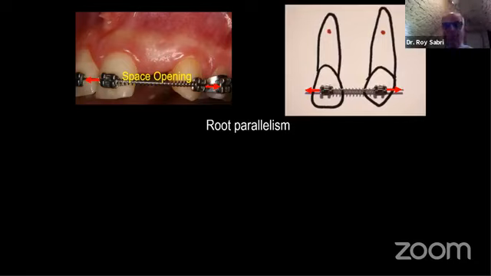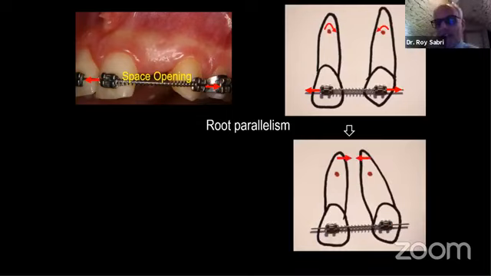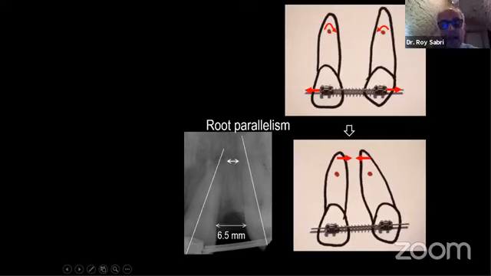Open coil separates the crown, but what we sometimes overlook is it also converges the roots, okay? Because you do kind of tipping around the center of rotation. Our first cases probably ended up, we thought towards the end of treatment that we have a good space for a crown.